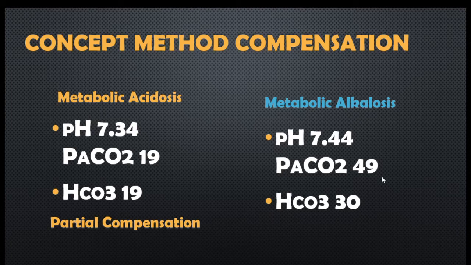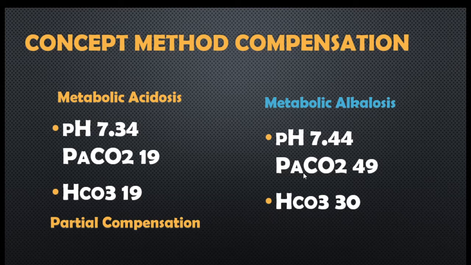So the next question: is there compensation? Yes, there is compensation because the value of your PaCO2 is abnormal. It is more than 45, it's 49. The reason why the PaCO2 is increasing is because it compensates for the increasing amount of bicarbonate that is causing the blood to become more alkalotic.